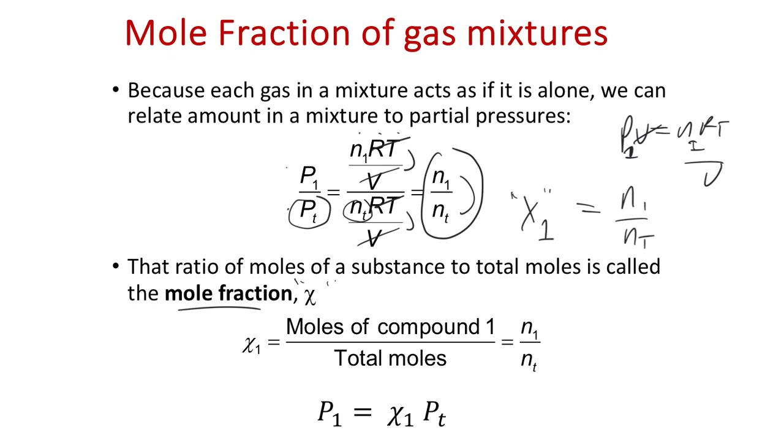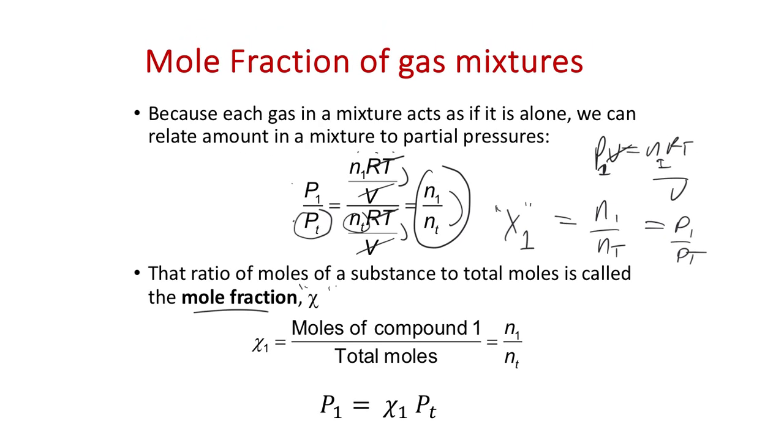And so you can see that if N1 over NT is equal to X1, then X1 is equal to P1 over P total, so you can write that the partial pressure of component 1 is equal to the mole fraction of component 1 times the total pressure. If you just rearrange this equation, X1 equals P1 over P total, multiply both sides by P total to get mole fraction 1 times the total pressure equals the partial pressure of component 1.